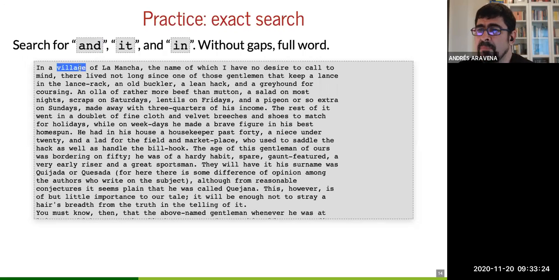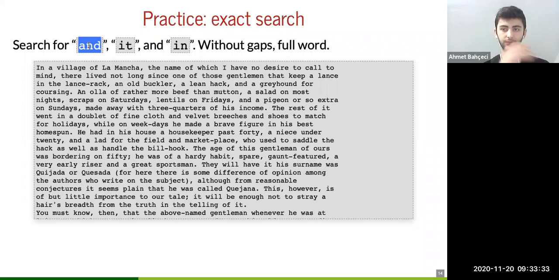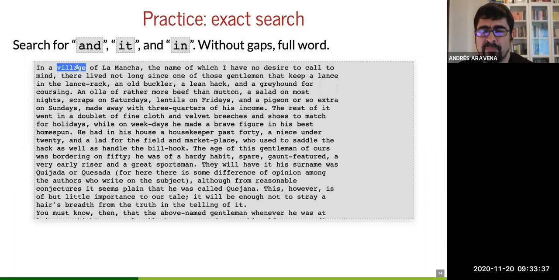But in a database, you have another component that is the size of the database. How many words are in the database? Comparing two words, this and this, for example, will take m times n. Okay, m is the size of the query, n is the size of the subject.